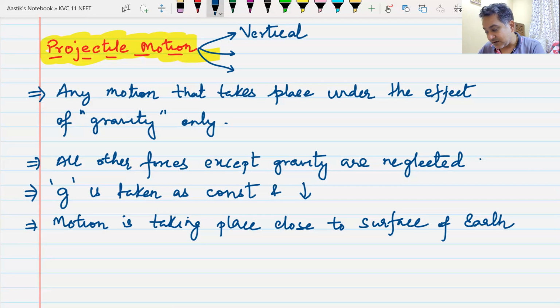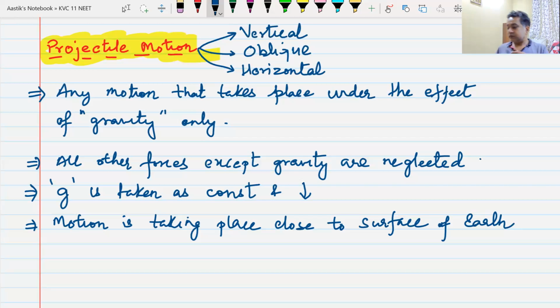The second one I can call oblique projectile. And the third one I will call horizontal projectile. Vertical, oblique, and horizontal. These are the three different ways in which I can study projectile motion. Out of these, one we have already studied.